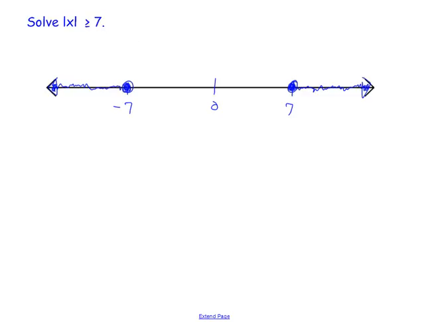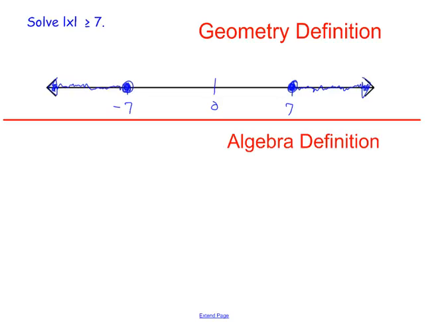Now solving using the algebra definition, we have the absolute value of x is greater than or equal to 7. Well, is this positive or negative? Say we don't know. So let's say x is positive. If x is positive, the absolute value of x is itself, so we can say x is greater than or equal to 7.